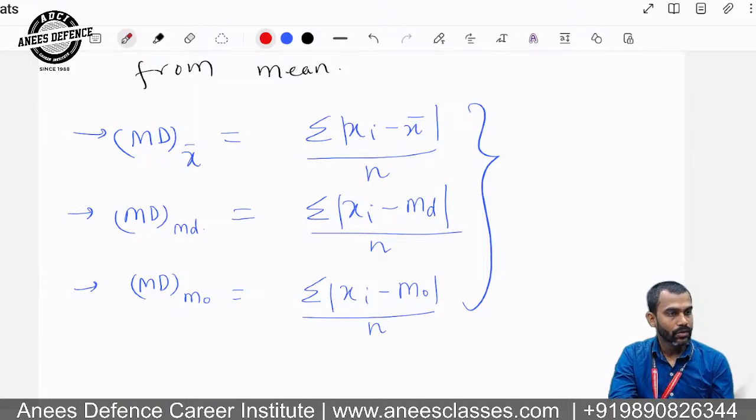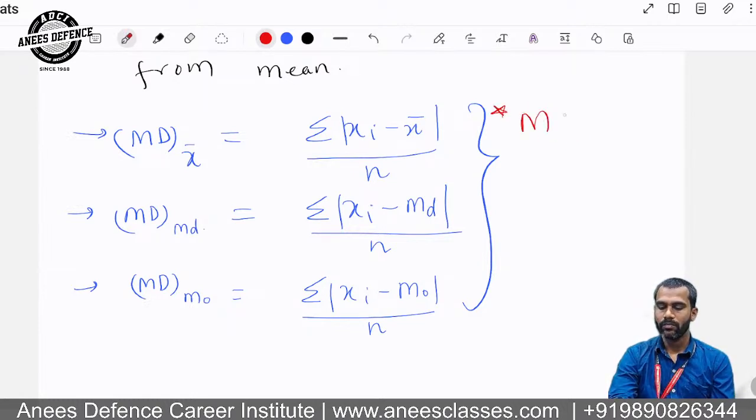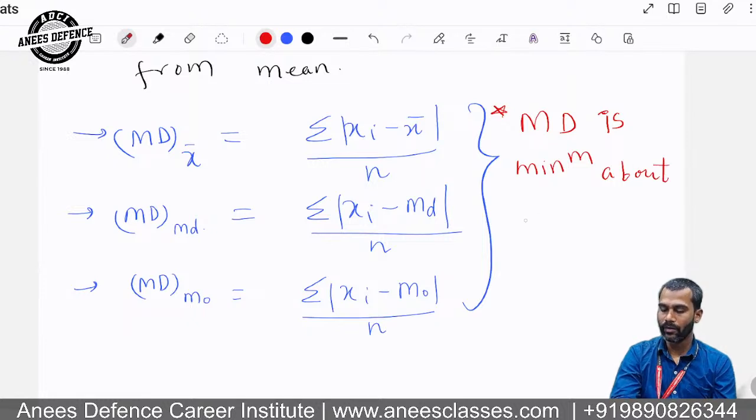Because it is the mid value. So mean deviation is minimum about median. That is the note. In statement form, these questions can be asked. The first note we have seen for range: range is the poorest measure of dispersion, and mean deviation is minimum about median. Very good. Please note it down.